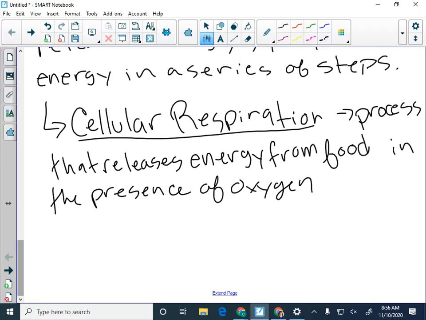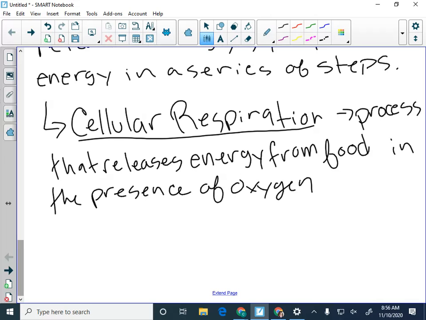So we need to breathe oxygen. Yes, it is because we are carrying out cellular respiration and we need oxygen in order to do that. We use cellular respiration to break down the food we eat into energy.